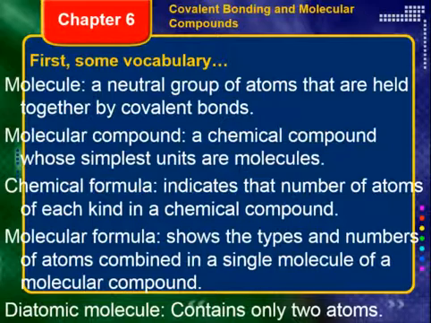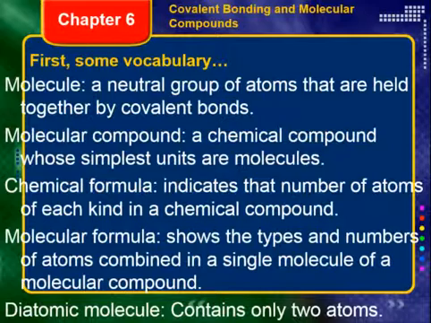Chemical formula. A chemical formula indicates the numbers of atoms and which kind of atoms are in chemical compounds, right? Not only what types of atoms, but how many of each atom is present in that chemical compound. A molecular formula shows the types and numbers of atoms combined in a single molecule of a molecular compound.